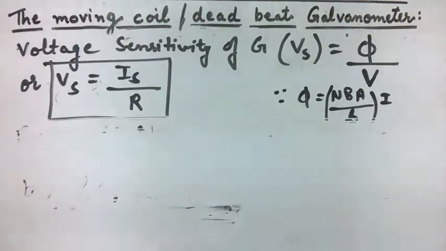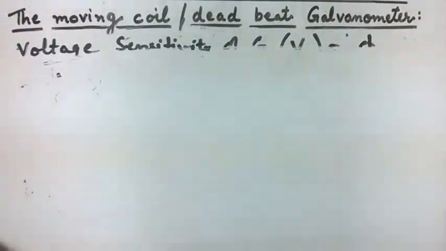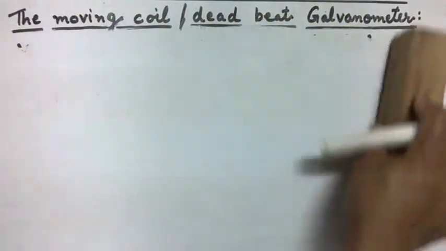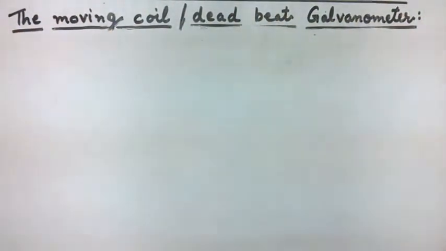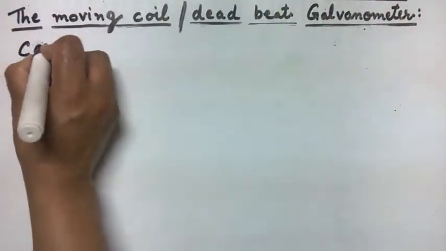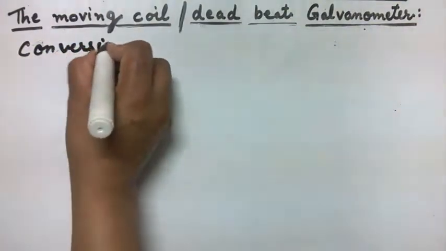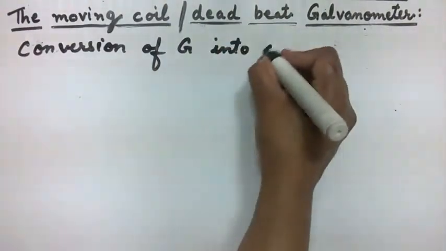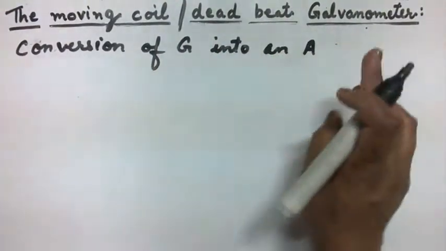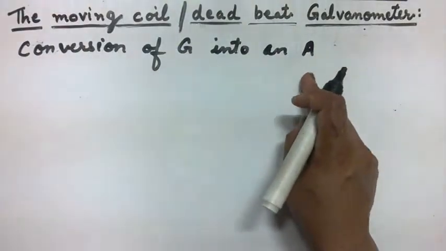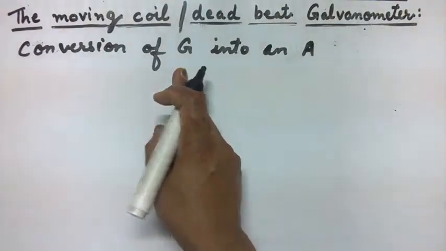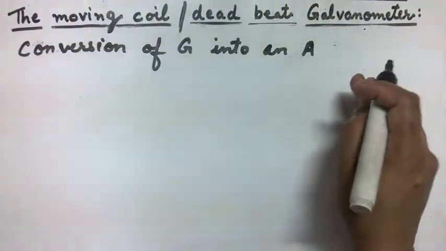Now let's study the conversion of galvanometer into an ammeter. We know that an ammeter is used to measure current. It is connected in series. Its resistance is very less as compared to the resistance of the galvanometer, and an ideal ammeter has zero resistance.